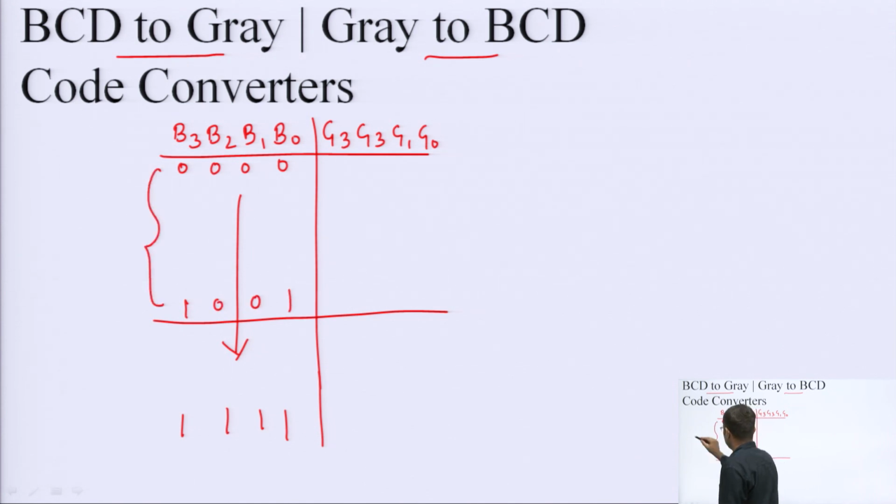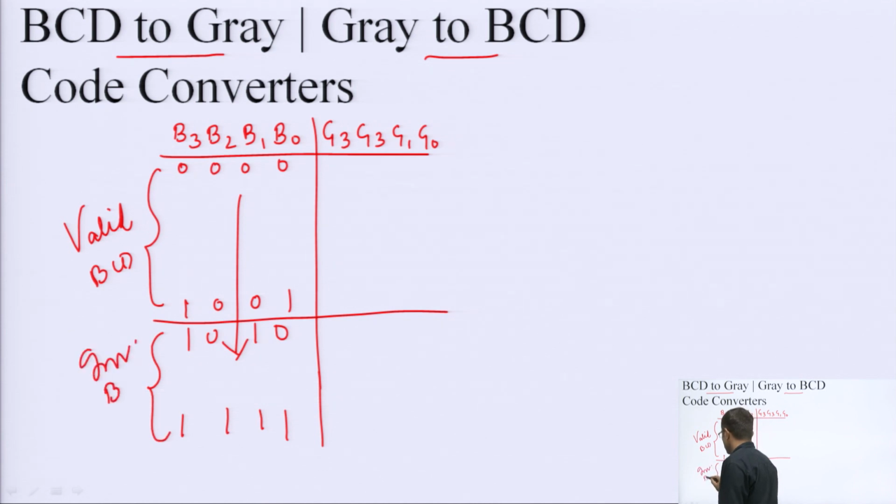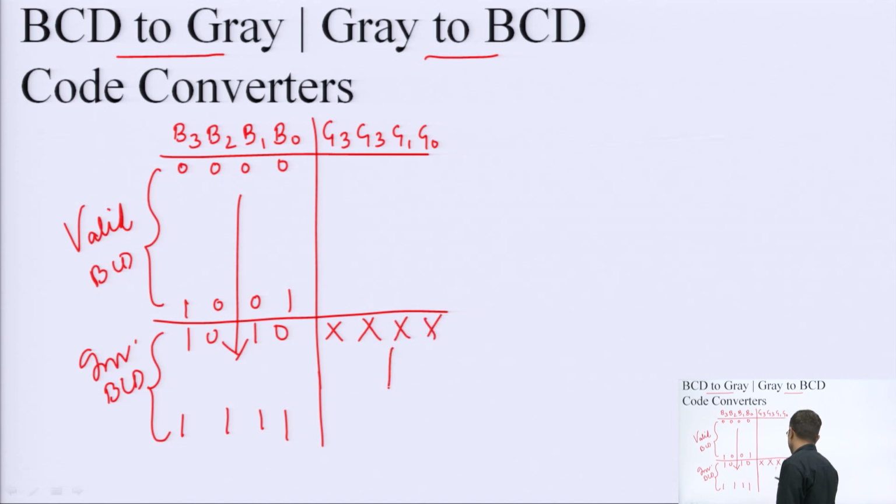So, these will be my valid BCD, and 1, 0, 1, 0 onwards are my invalid BCD. For those invalid BCD my gray will be giving me invalid outputs. So, these are do not care terms, and everything else will be copied from the binary to gray table.